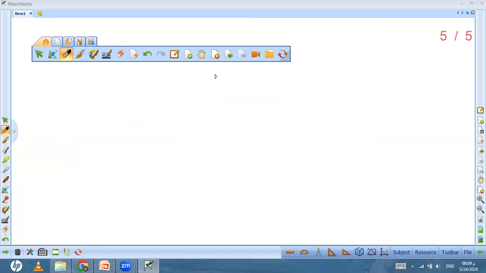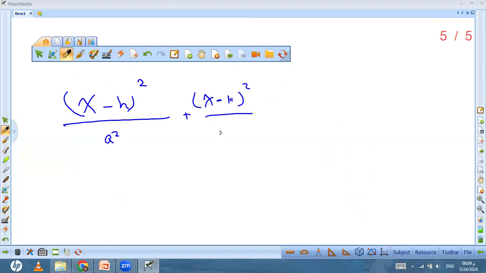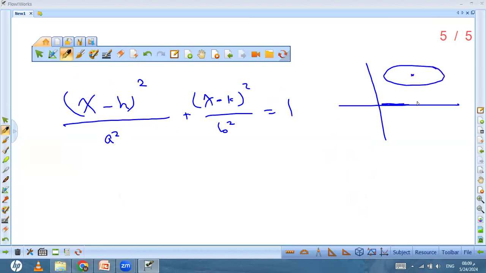The last one, guys: if we move it left, right, up, down, it's going to be like this. X minus h squared over a squared plus y minus k squared over b squared. h, k, guys, is the center. It means if my ellipse moves like this, it moves, for example, h to the right and k up.